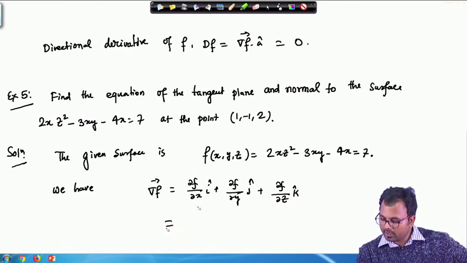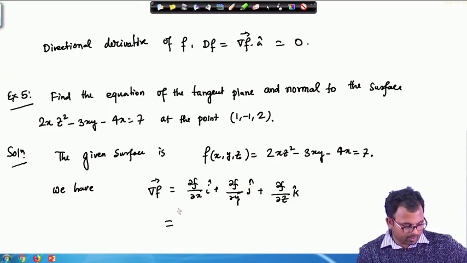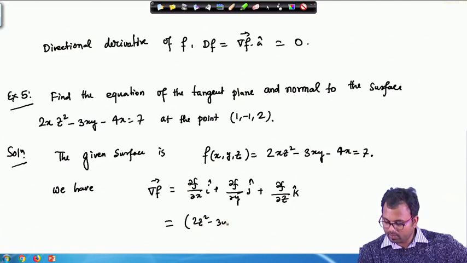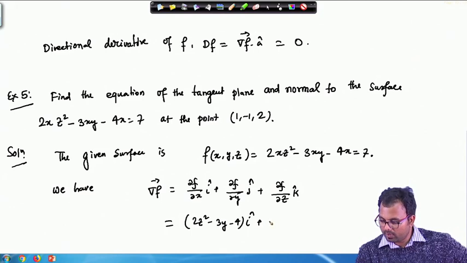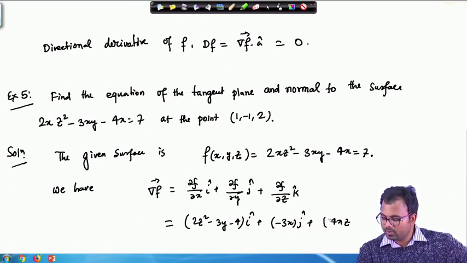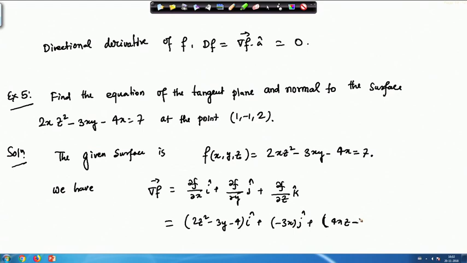So, now del f del x is we will basically obtain 2z² minus 3y minus 4 times i, then del f del y is minus 3x times j, and del f del z is 4xz, minus 0 minus 0. So, this is ultimately k.